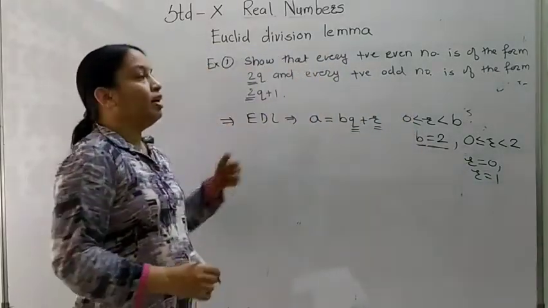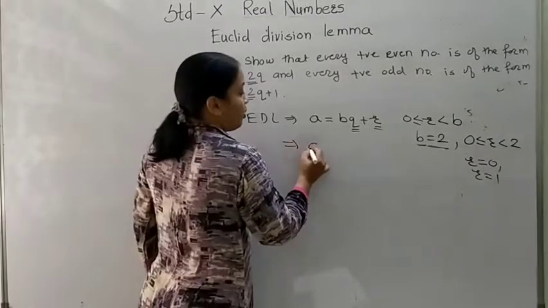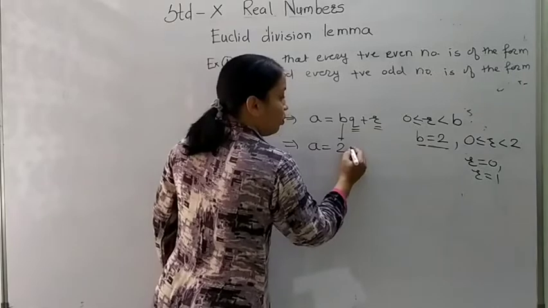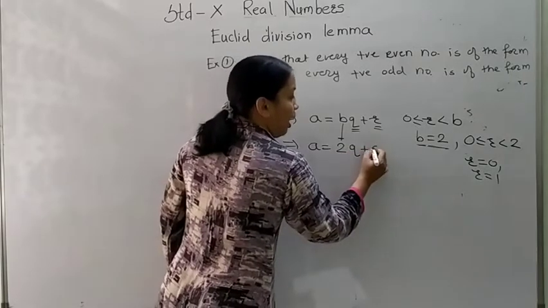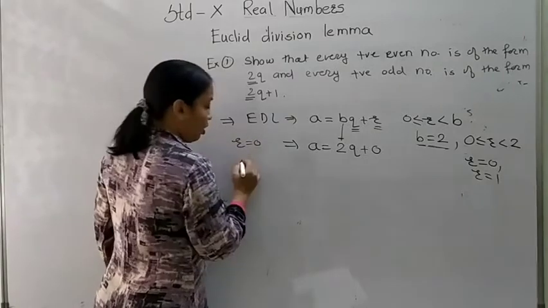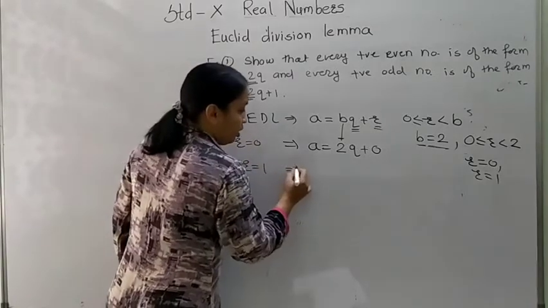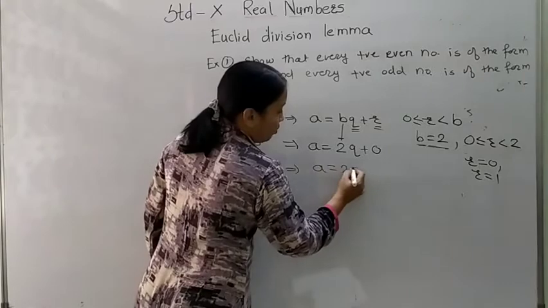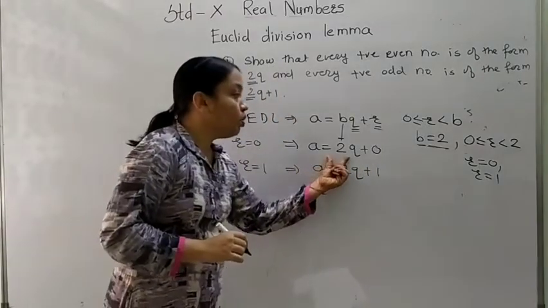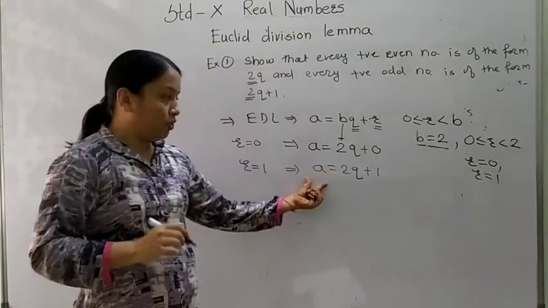As we have taken b equal to 2, a is equal to 2q plus r. For the first case r is equal to 0. Now r is equal to 1, which implies that a is equal to 2q plus 1. These are the two integers we have found.